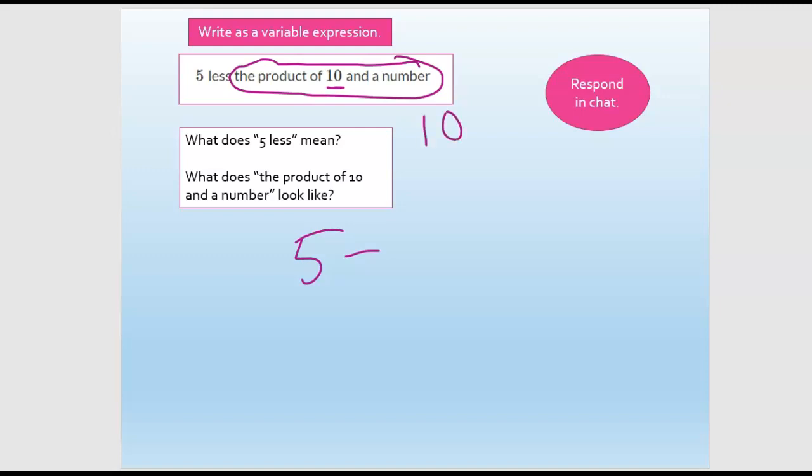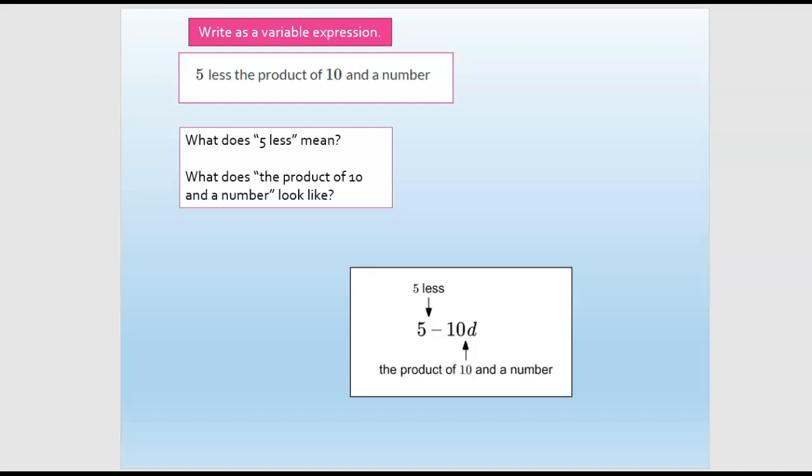So that could look just like this: 10x, or 10 and some other variable. 5 less the product of 10 and a number could look like this if x is your variable. If I were to say 5 less than, very different than less than. If it's 5 less than the product of 10 and a number, it would look like this. Now in your lesson, they use d instead of x, which doesn't make a difference.